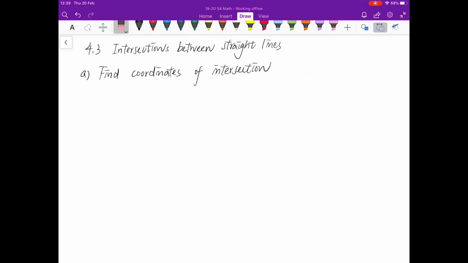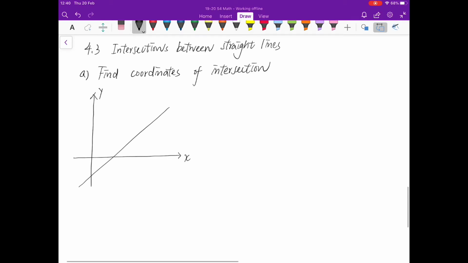In chapter 4.3, it is about intersections between straight lines, and it can be further separated into two parts. For part A, it is finding the coordinates of intersection. So on your notebook, you can draw the figure. First, we have the xy axis. And then on the coordinate plane, you can randomly draw two straight lines similar to this.